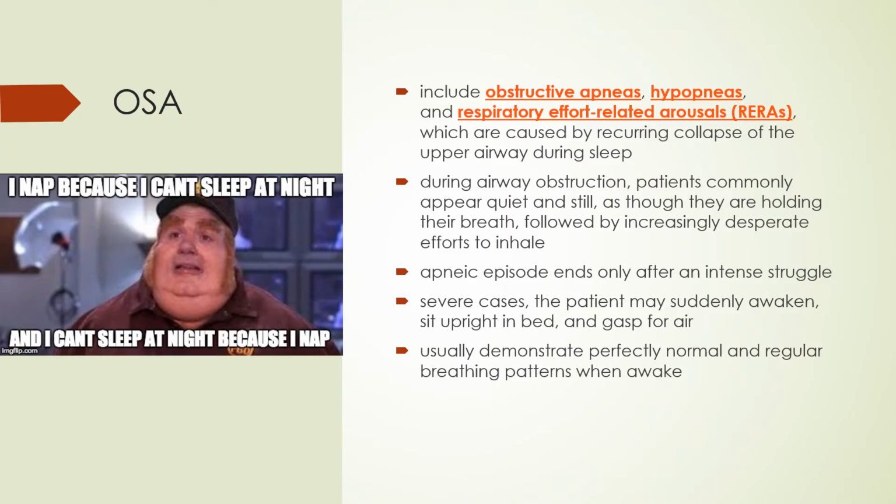So let's start with obstructive sleep apnea first, then we'll go to central, and then we'll go to mixed. Obstructive sleep apnea includes apneas, hypopneas, and RERAs, respiratory effort related arousals. These are usually a collapse of the upper airway during sleep, right? And that's one of the big things that they talk about with some of these patients: their quality of sleep is going to be very, very poor, and their ability to mentate.